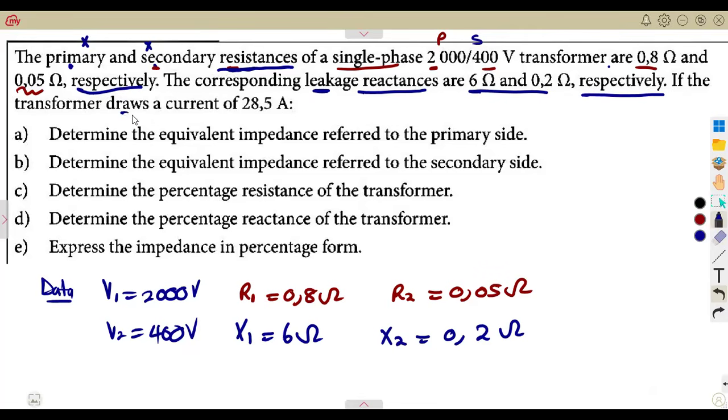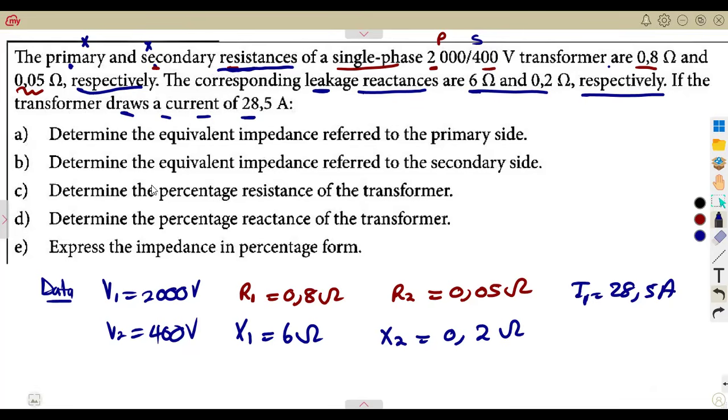If the transformer draws a current, that is, takes in from the supply, we are given the current I1 to be 28.5 amps at the primary side.